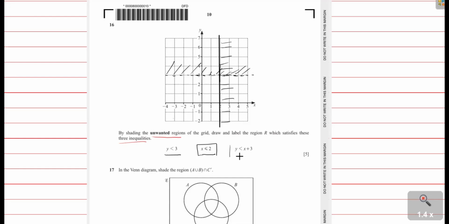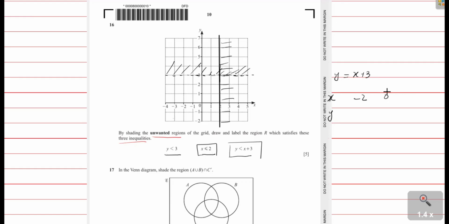Next inequality, y is less than x plus 3. Again, to mention the region y is less than x plus 3, firstly we will draw the line y equal to x plus 3. To draw this line, we will take some values of x and calculate the values of y.